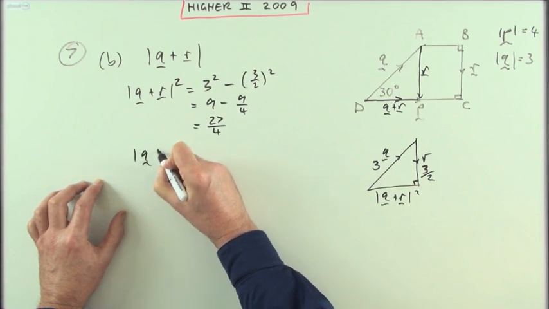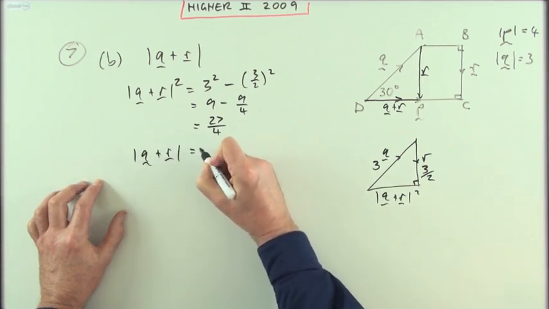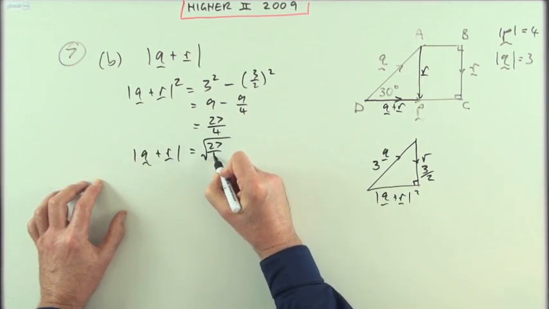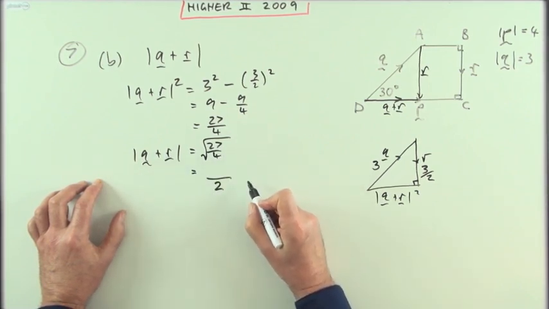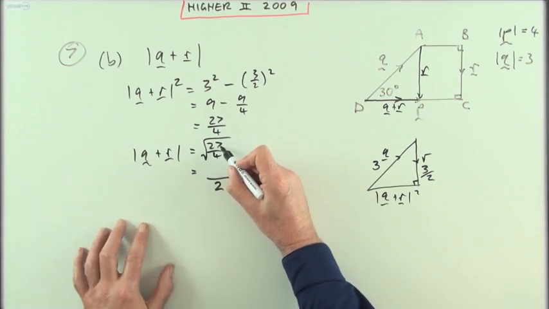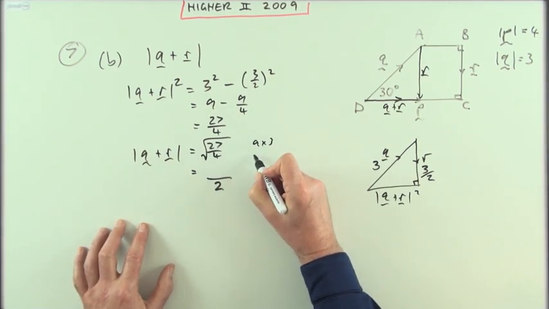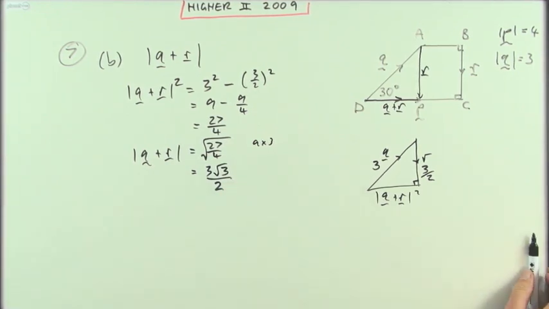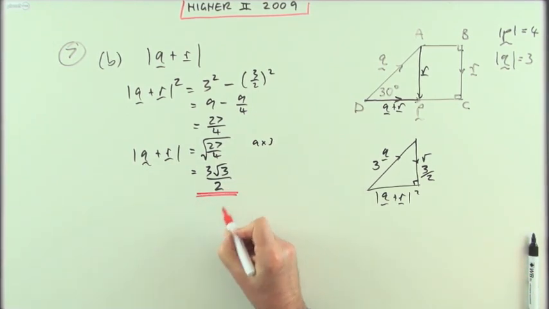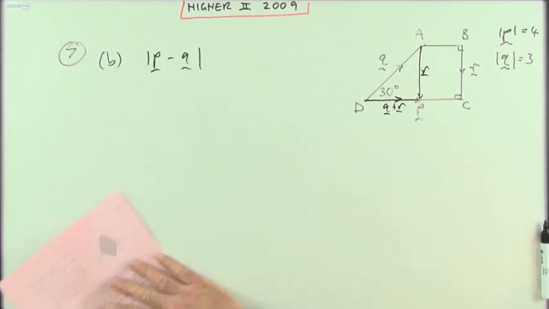So the length of that side is simply going to be the square root of 27 upon 4. Well, the square root of 4, that's easy enough, that's 2. Square root of 27, well, there's a 9 in there. That's a 9 times a 3, so that's 3 root 3. So it's 3 root 3 upon 2. Nothing scary about that. It was just Pythagoras and a little right angled triangle.